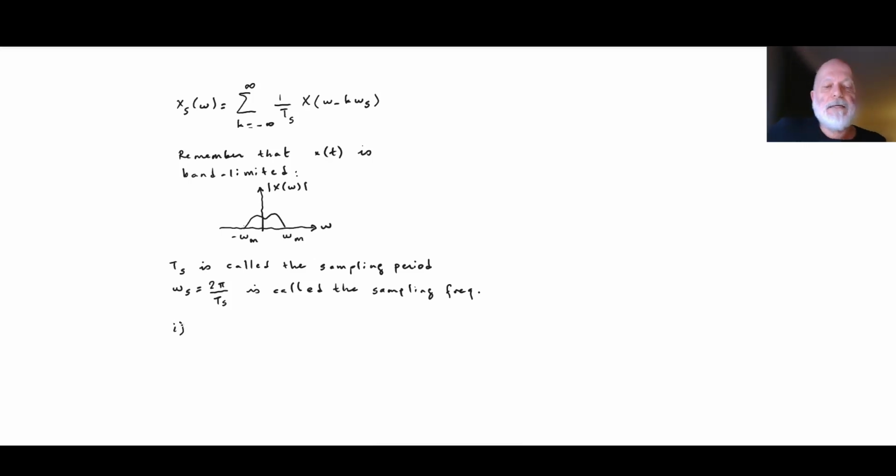Now, let us consider an approximate graphical representation of Xs of omega. As we have already mentioned, Xs of omega is composed of shifted versions of X of omega in frequency domain. So if our sampling frequency omega s is less than 2 omega m, the approximate graphical representation of Xs of omega will be in the following form.